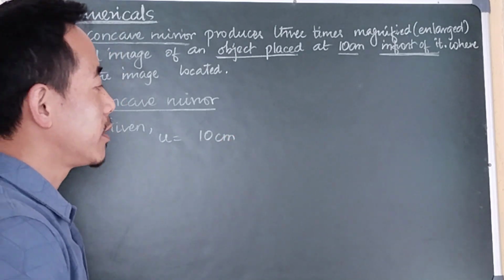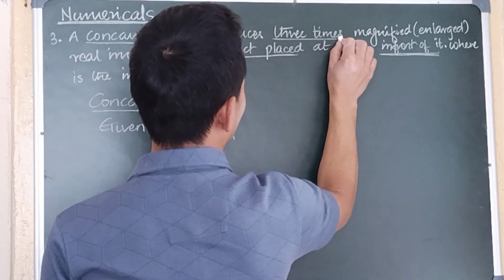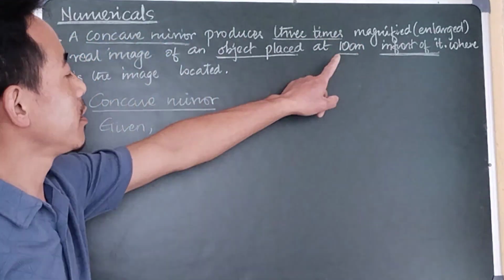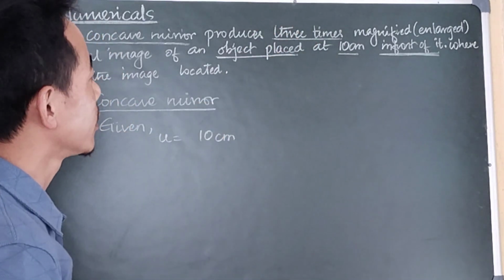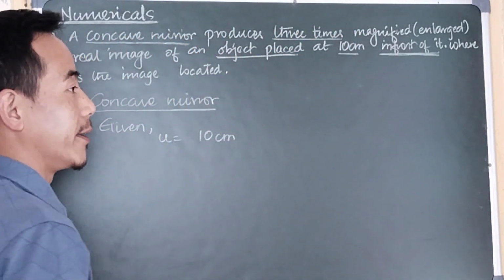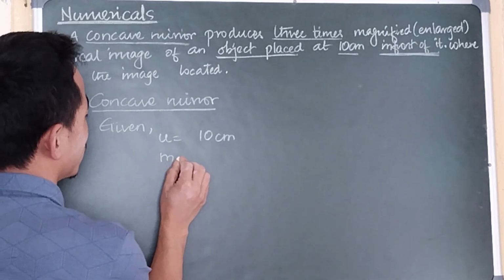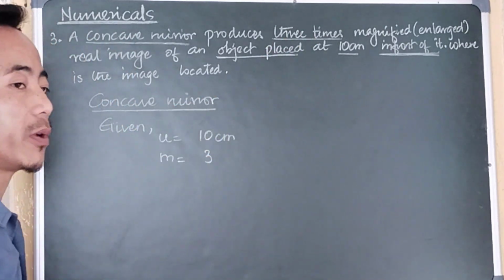The other value that is given is magnification. Sometimes the value is given in numerical form, sometimes it is given in words. Here it is given in words. A concave mirror produces 3 times magnified image. That means magnification will be 3 times, means it will be 3.